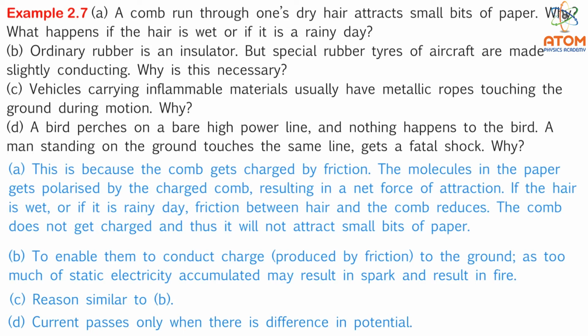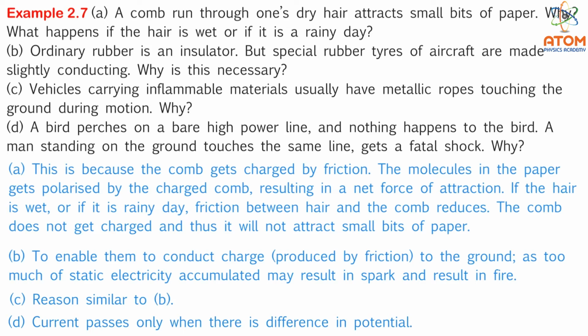Now, when we bring this comb, which is already negatively charged, near a paper piece, the molecules of that paper get polarized. And that's why every molecule behaves as a dipole. One end is positive, another end of that molecule is negative.